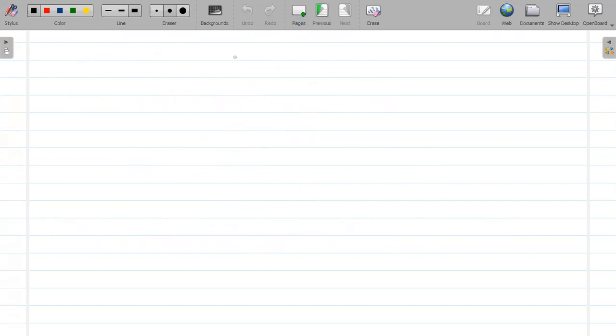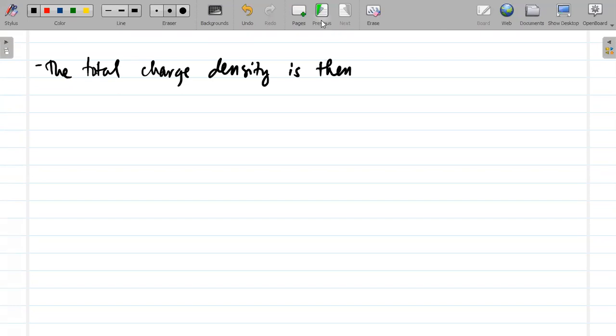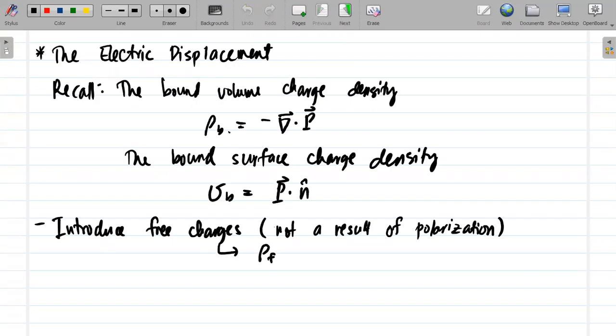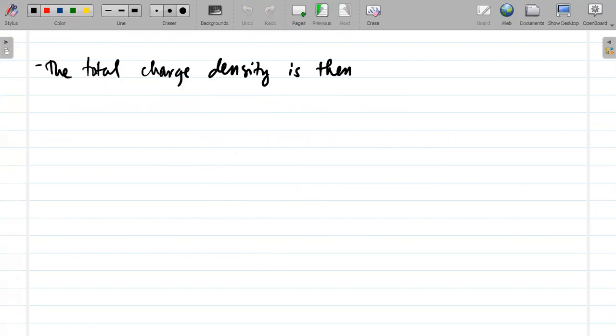Now, class, the total charge density is given by yung dati, yung bound charge density, tsaka yung inintroduce natin na free charges. So that is given by rho equal to rho sub b plus the introduced rho sub f.